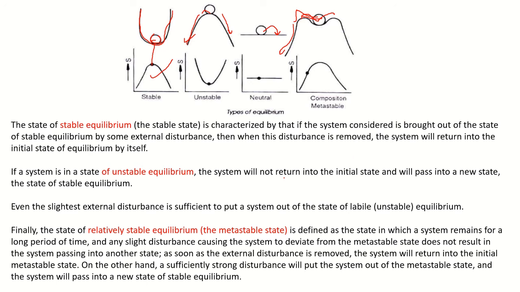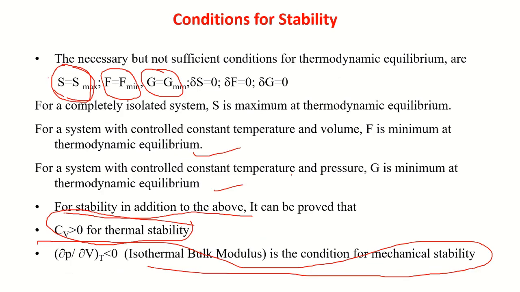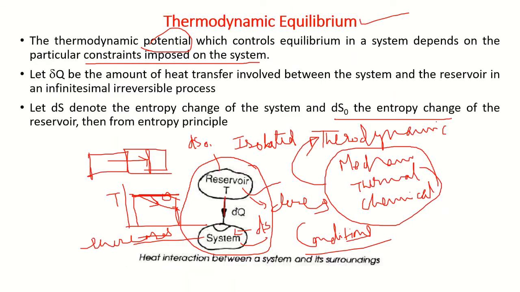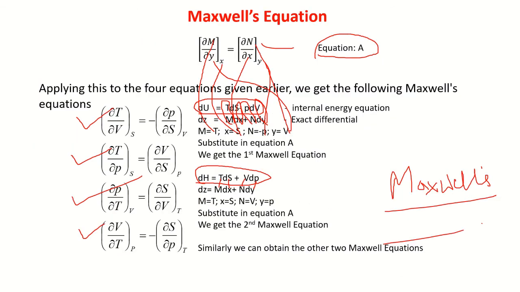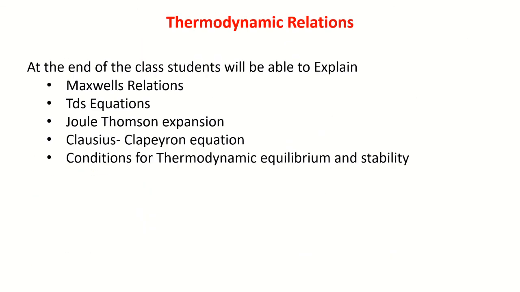So you have understood what a thermodynamic equilibrium is, and for equilibrium, what conditions the thermodynamic system must meet under what constraints. So with this, let us complete the first course on engineering thermodynamics that is normally taught in the third semester of engineering.